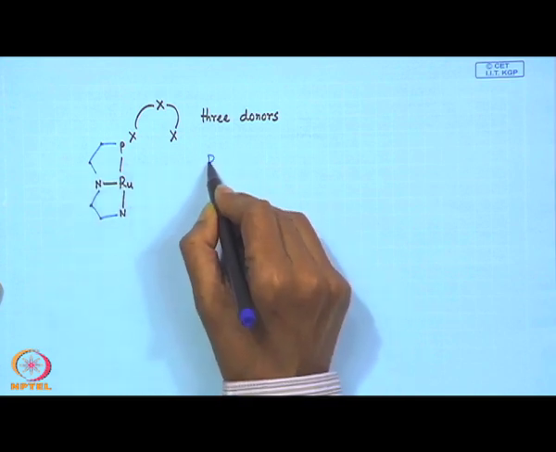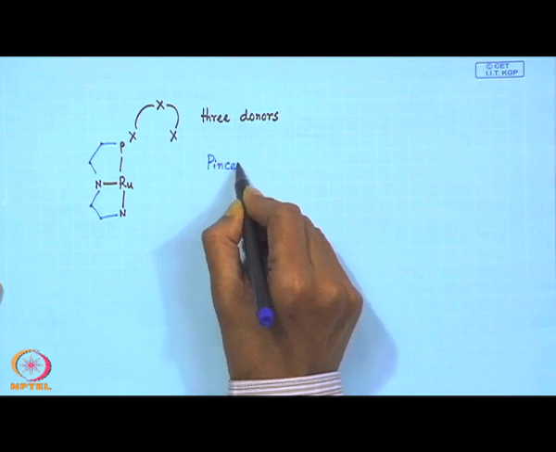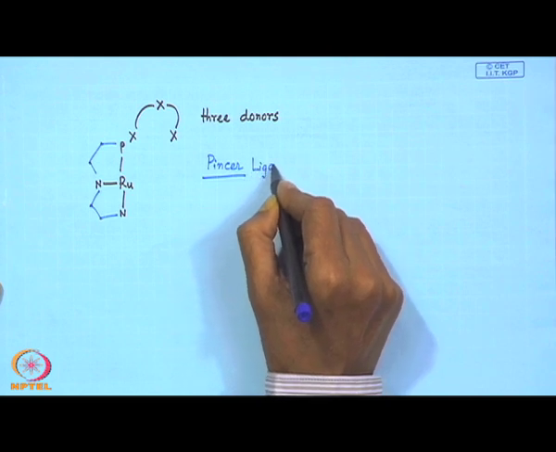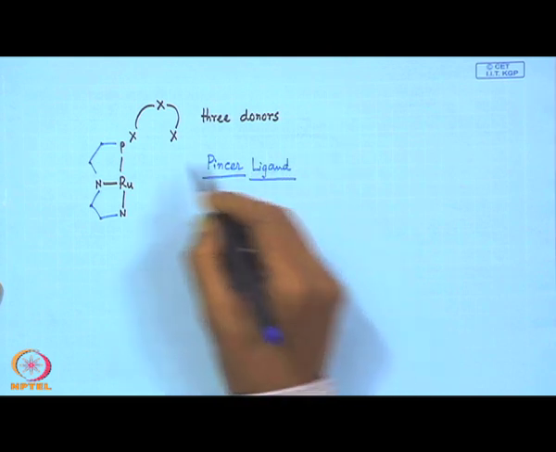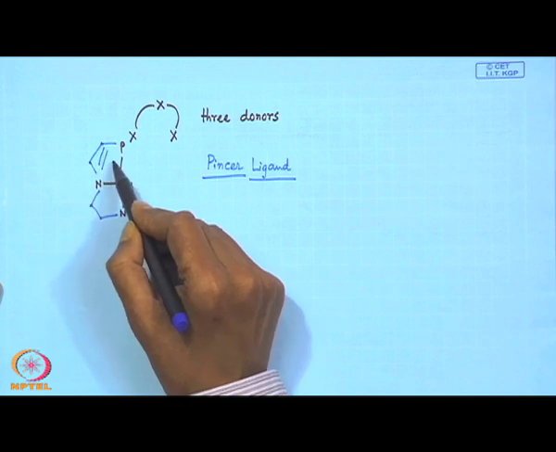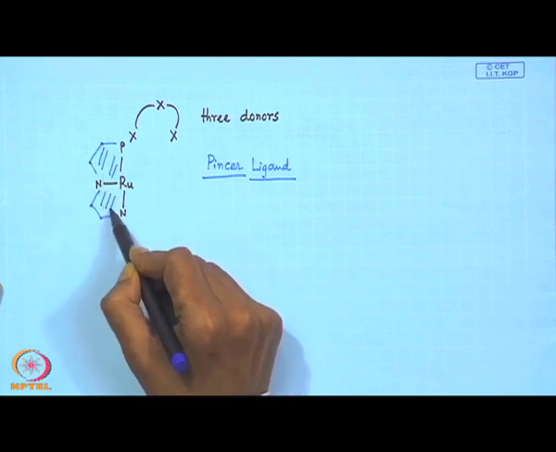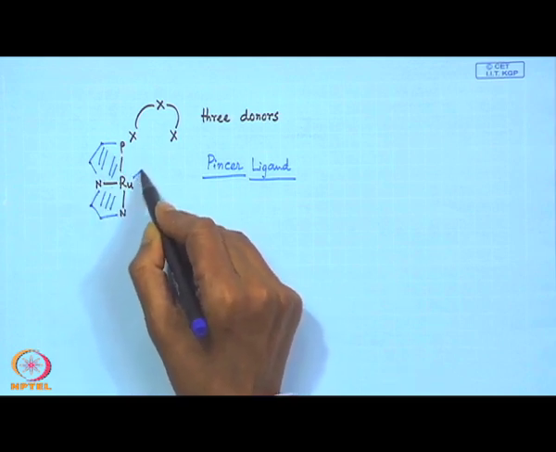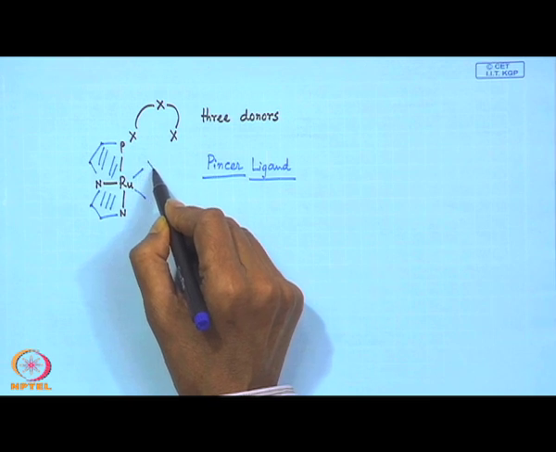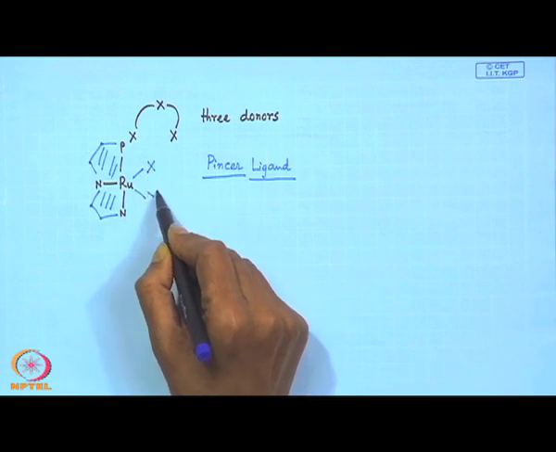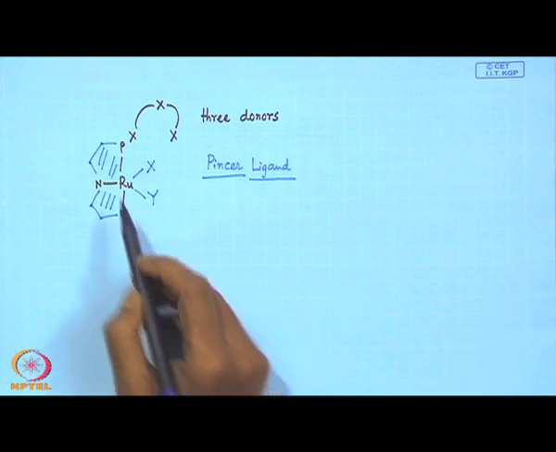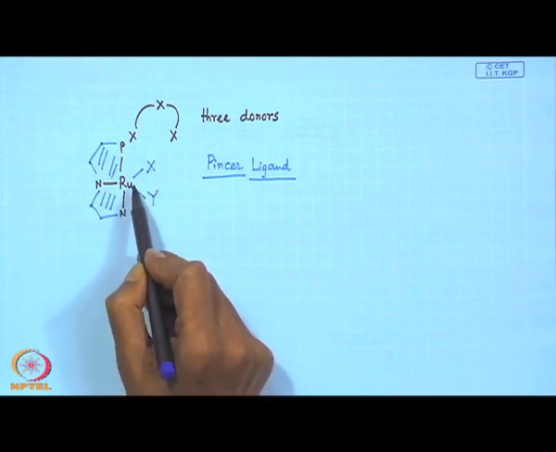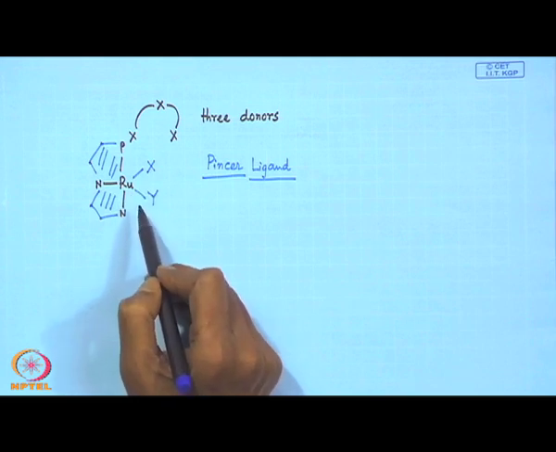So, this is basically a 5-membered ring, and we can go for another type of ring like this Pincer one. In the case of a Pincer ligand, we can have these as the corresponding planar part, and this planar part gives the corresponding meridional configuration, and we have 2 positions available which can be occupied by X and Y. It is not that with one tridentate hub we can have another tridentate hub around this ruthenium such that we get the octahedral geometry.